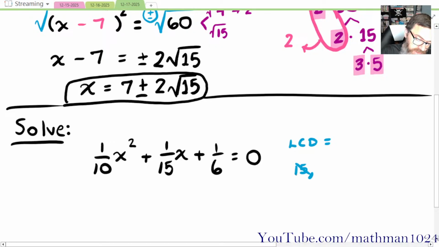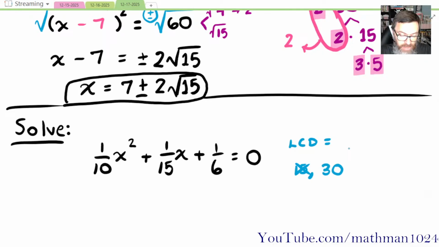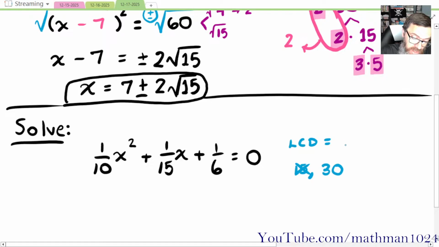So 15 doesn't work, so let's try the next multiple, which is 30. Does 10 go into 30? Yes. All right, so I know that 30 is going to be great for 10 and 15. So as long as I now stick with multiples of 30, I should be okay. Well, let's look at 6. Does 6 go into 30 evenly? The answer is yes, so we have found our least common denominator, which is 30.